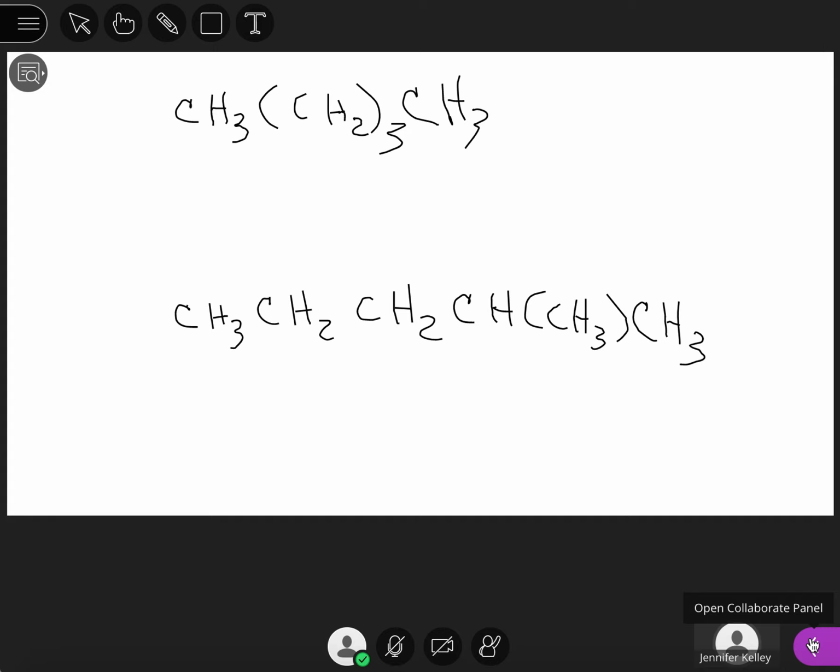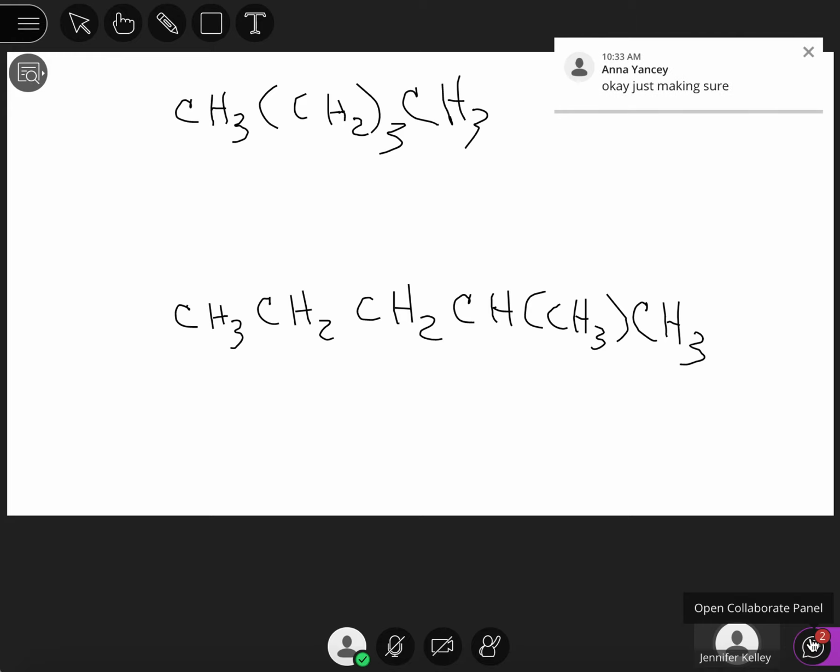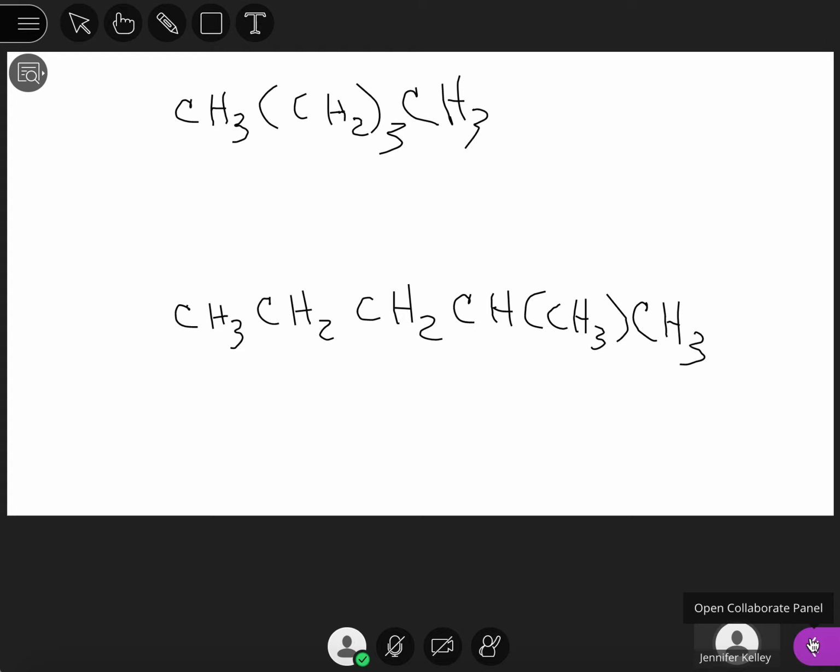Oh, I didn't get to the stackability part yet. So I wanted to show you this first, and then I'm going to show you about stackability. Yeah, no, you didn't miss anything. All right. Anybody else done?